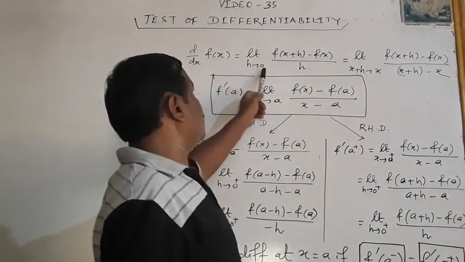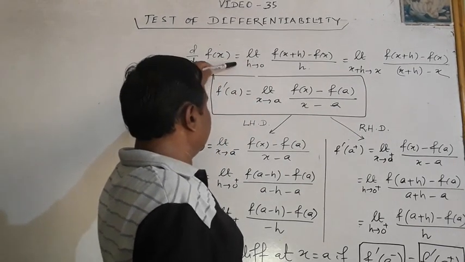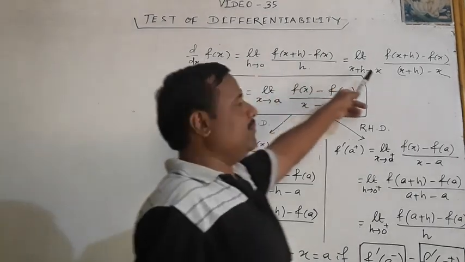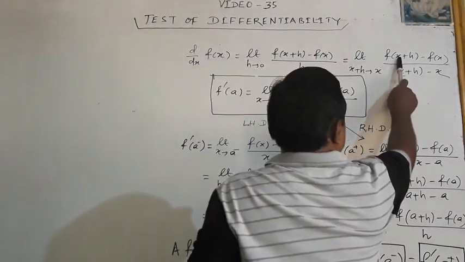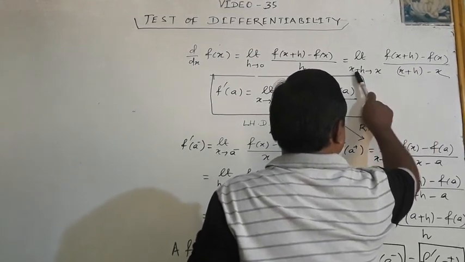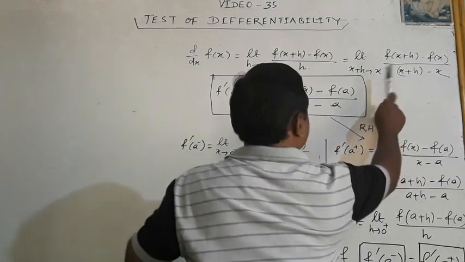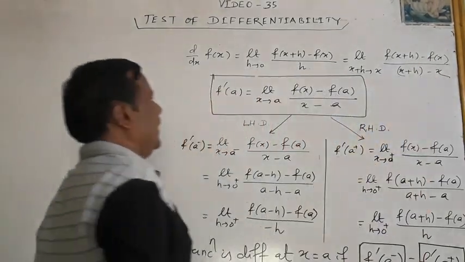Now h tends to 0, I am adding x here. If h tends to 0, x plus h tends to what? x. So this is f(x plus h) minus f(x) by x plus h minus x, with x plus h tends to x. This gives you f dash x.